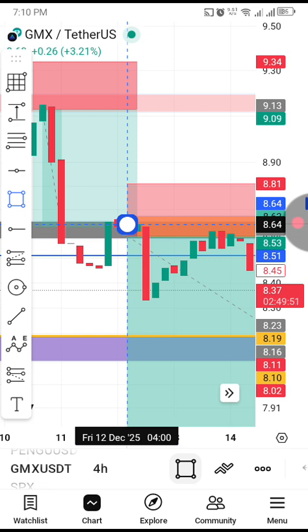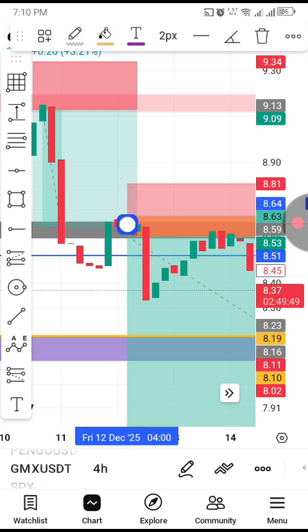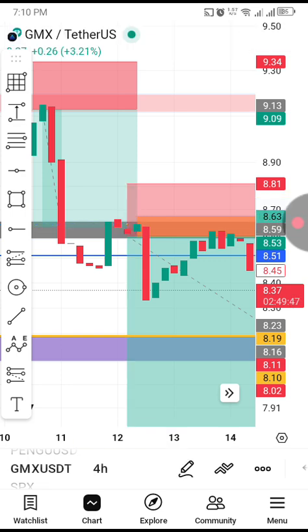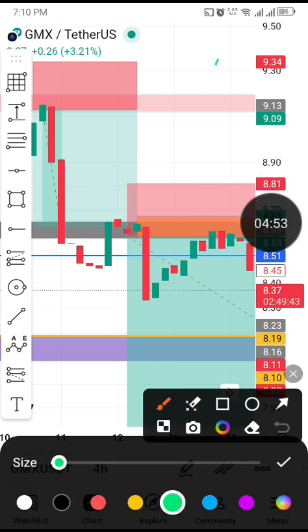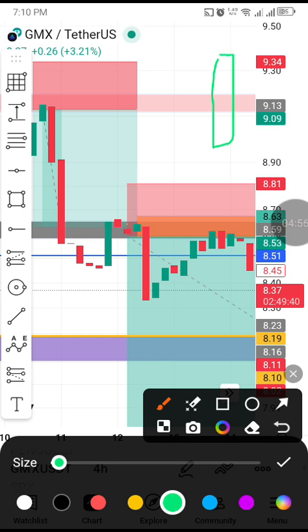Let me show you. You have a candle like this, which is green, and you have another one which is red at this level, but not exceeding halfway.